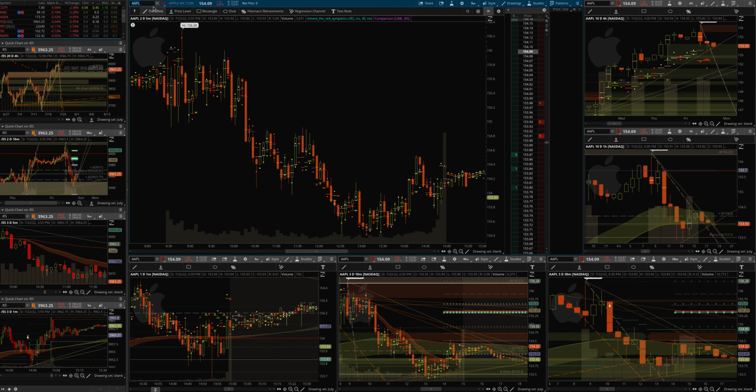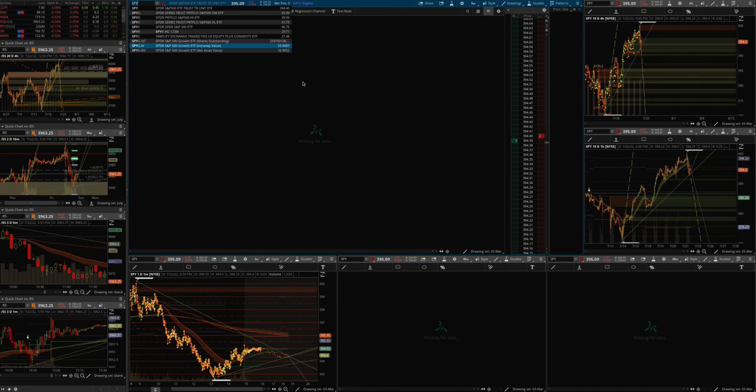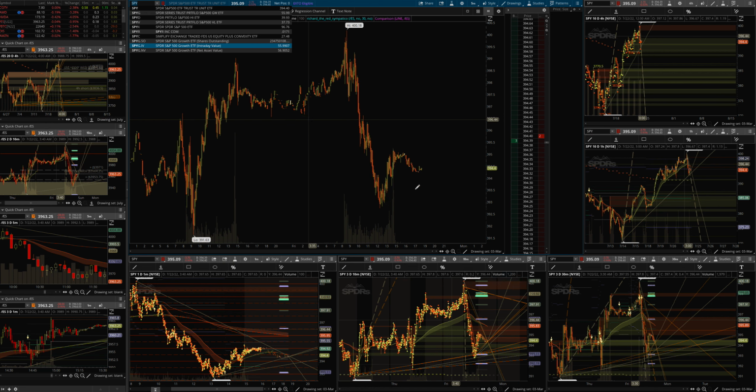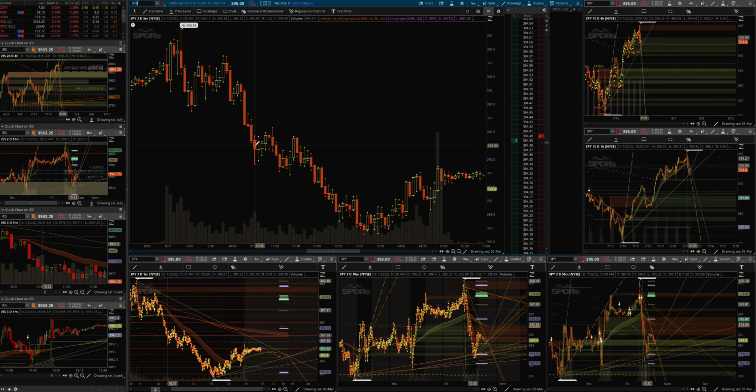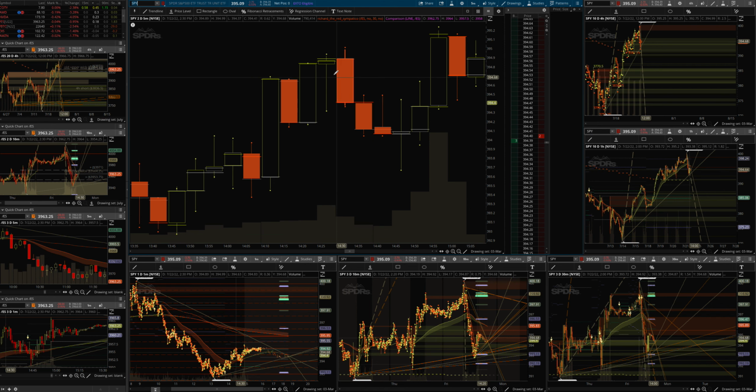So if you were to do something like put SPY, the sympathy on this one is currently ES, and I've just added SPY. Theoretically, they should be one-to-one, and you can see they line up really well. There are very slight differences, and this is where, if you were fast enough, you would be able to exploit those differences, because this SPY is always going to try and mirror the actual future that it's tied to.